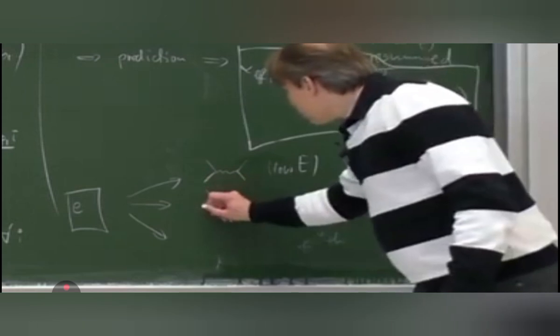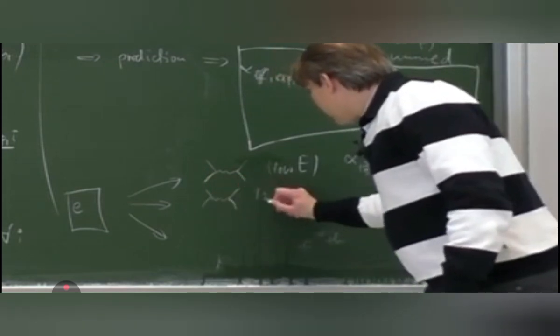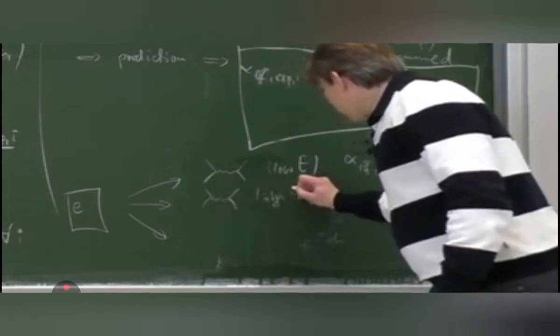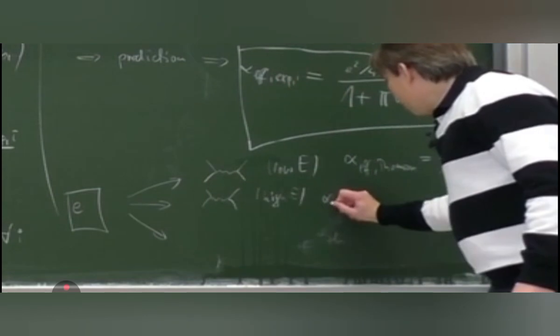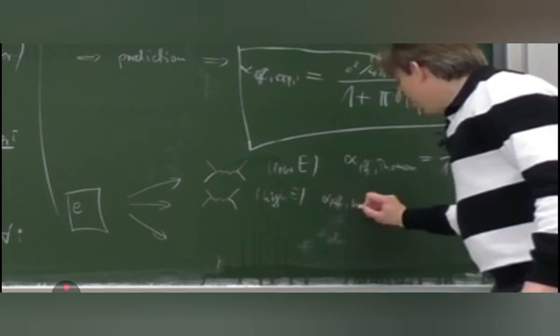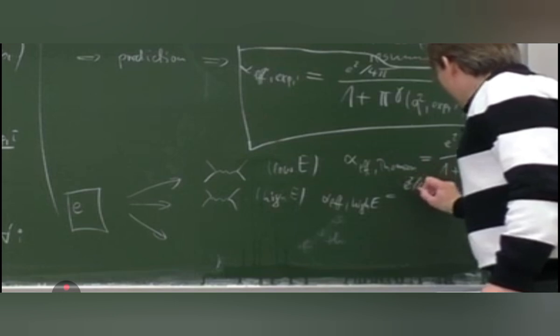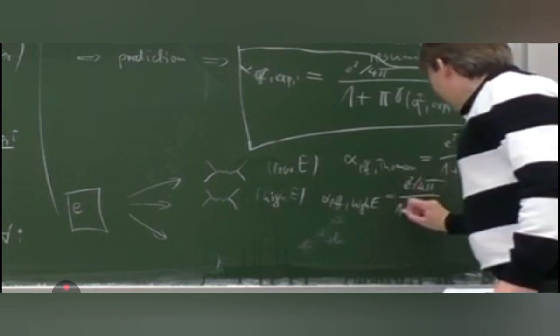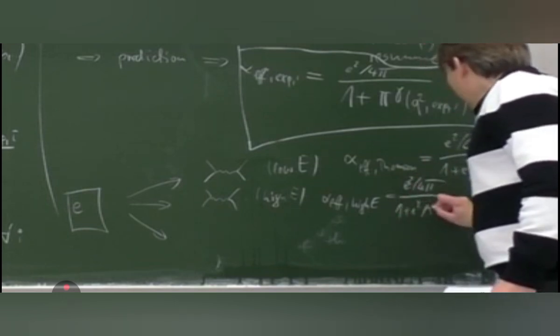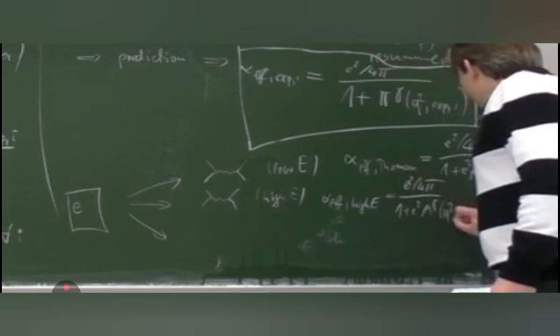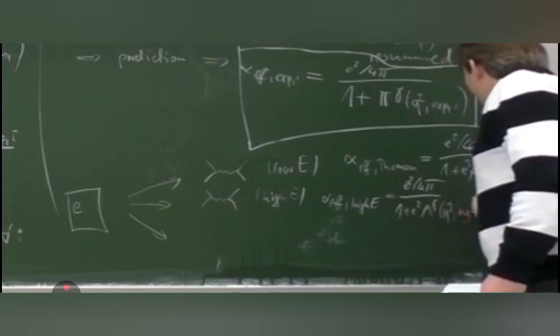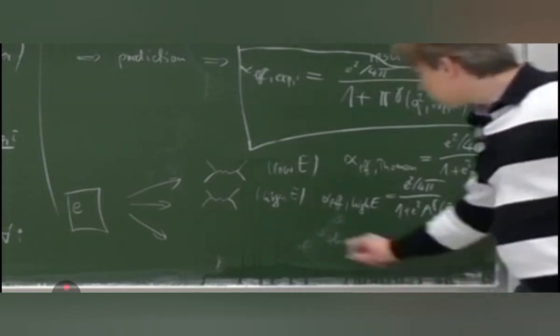Then another experiment at high energies, let's say alpha effective at high energy would be given by E square over 4 pi divided by 1 plus E square A gamma of Q square at some high value. And so on.